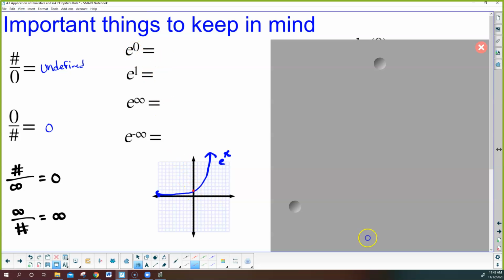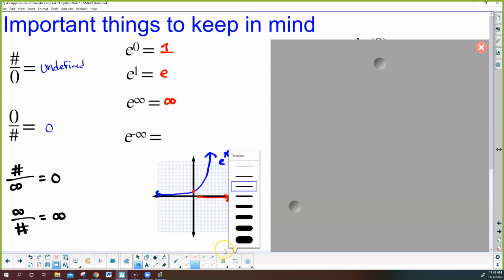Well, I didn't draw this perfectly, but anything to the 0 power is 1. Anything to the first power is itself. But what about e to infinity? What happens as I go to the far, far right of this graph? Where is my function headed? It's heading up as an output of infinity.